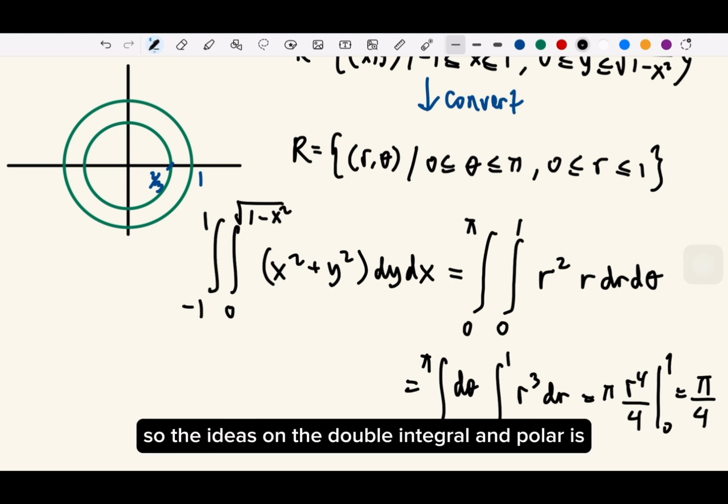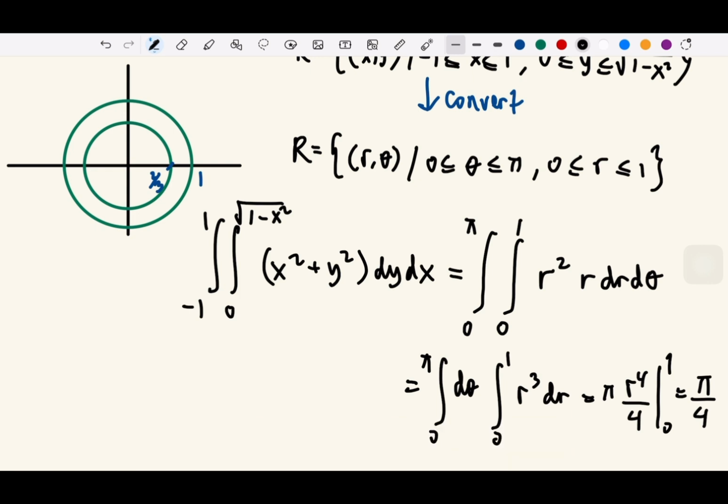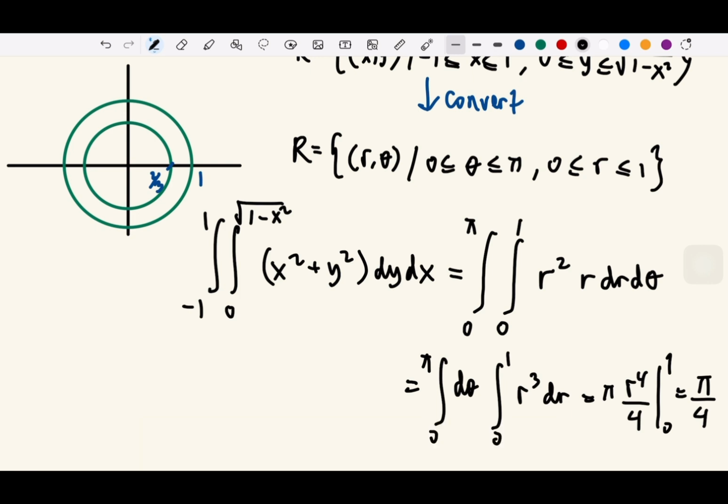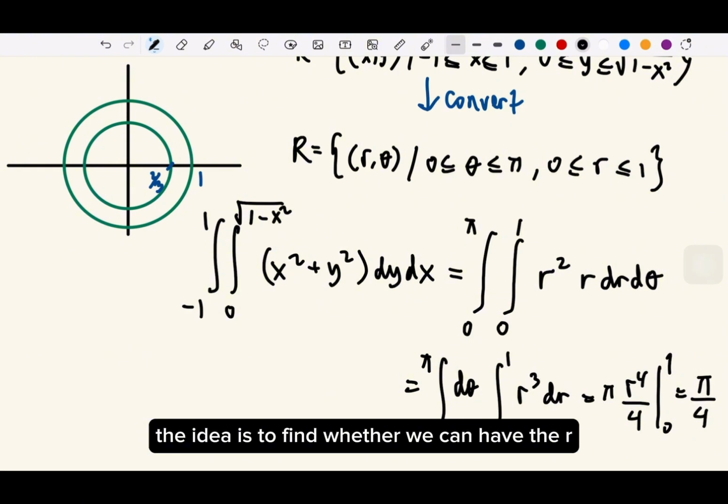So the idea of the double integral in polar is how we identify a polar curve from the equation. One understanding of the idea is to find whether we can have the r, which is defined as the r from the circle equation.